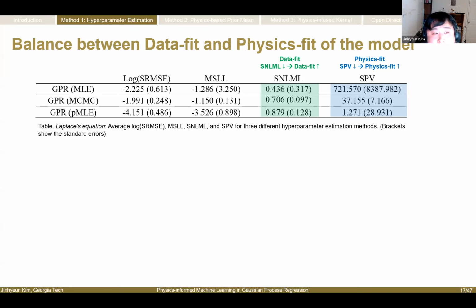When you compare the GPR PMLE with the GPR MLE, we have a higher value of the SNLML, 0.879, when compared to 0.436. It means that we are sacrificing the data fit. When you look at the SPV value, however, we can significantly reduce the violation of physics calculated at collocation points.